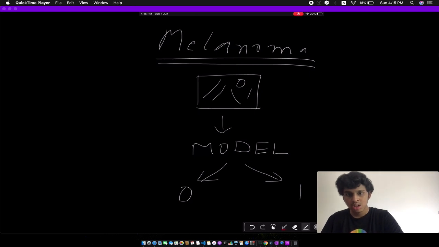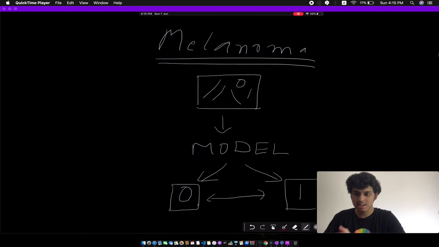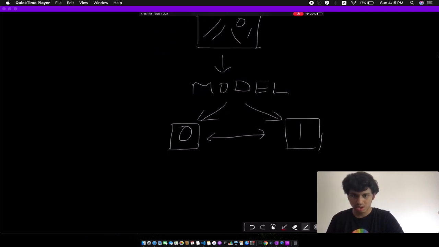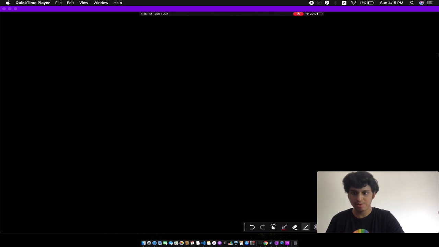So 0 represents not having skin cancer, and the 1 represents having skin cancer. Our model is actually going to perform a bunch of mathematical computations on this image, and it's going to give us a probability between 0 and 1, indicating how likely it is that this particular person has melanoma. So that's the problem we're trying to solve.